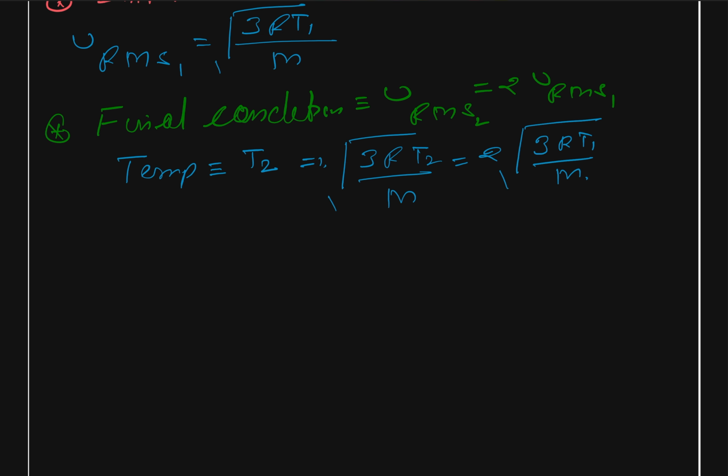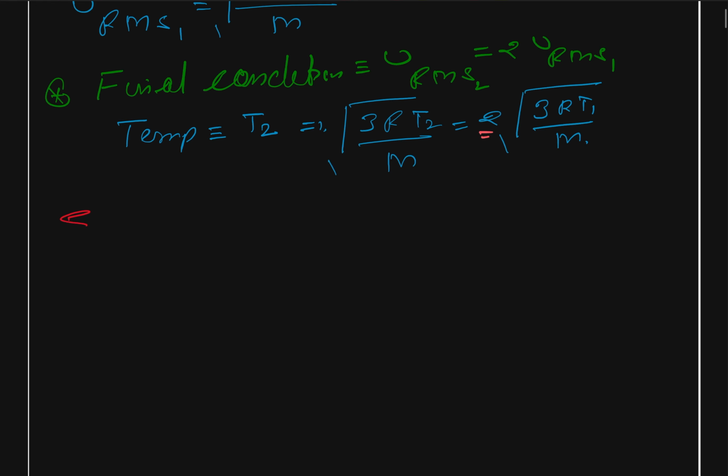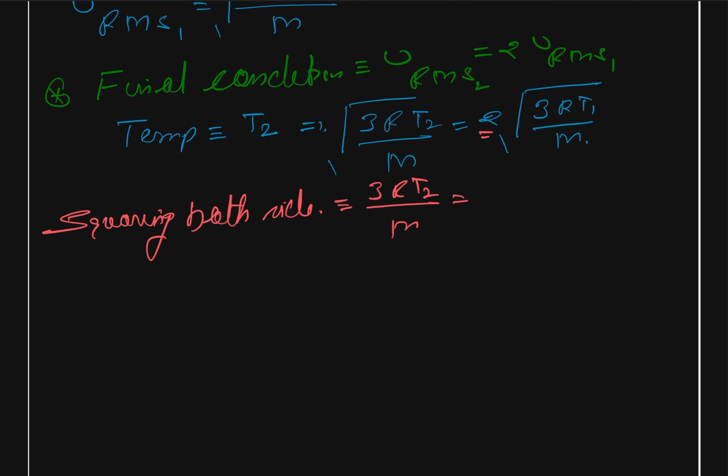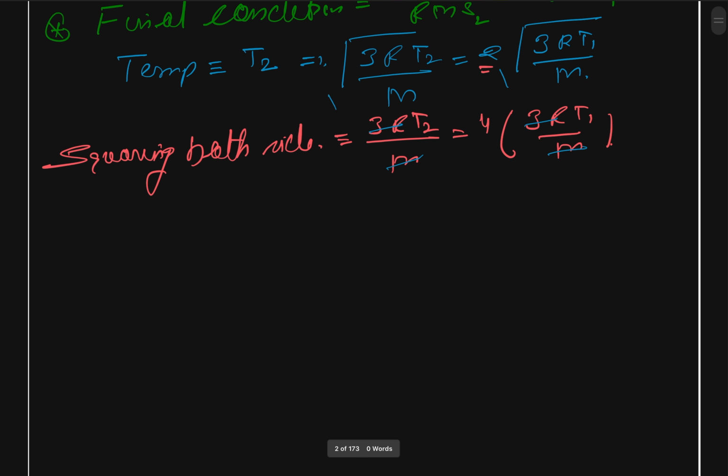We have to square both sides because there is 2 outside, so squaring both sides, we get 3R T2 upon M is equal to 4 times 3R T1 upon M. And here this 3R and m cancel out, therefore we get that T2 will be equal to 4 times T1.